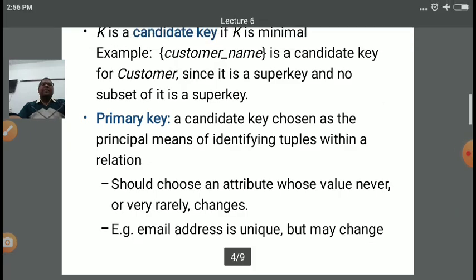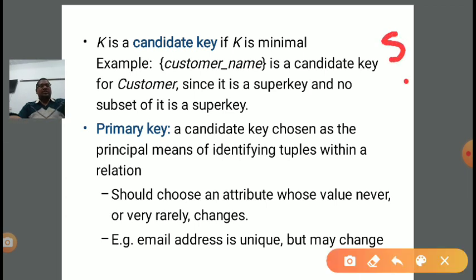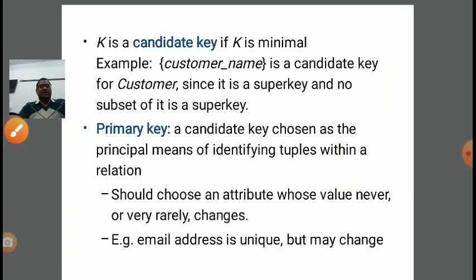Now next is the primary key. The largest is the super key. From the super key, by removing the extraneous attributes, we get the candidate key, and from the candidate key we get the primary key. Super key, candidate key, and then primary key. A primary key is a candidate key chosen as the principal means for identifying tuples within a relation.